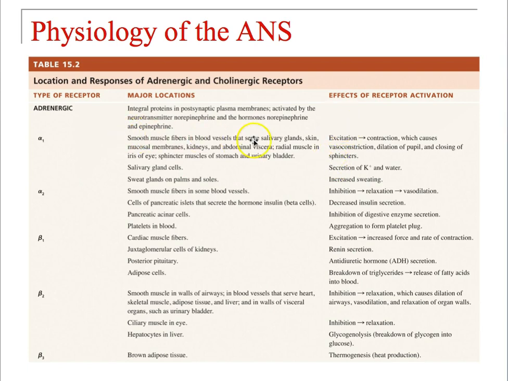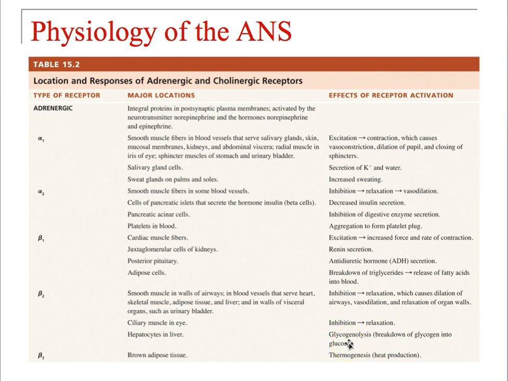If alpha 1 has been activated, you have excitation, and the excitation here causes vasoconstriction. Let's look down here. Cardiac muscle fibers have beta 1 receptors on them. Excitation increases the force and the rate of contraction of the heart, obviously, right? Let's take a look at those hepatocytes. If beta 2 has been activated inside hepatocytes, remember that's epinephrine and norepinephrine, glycogenolysis occurs, which means you're going to break down glycogen into glucose.